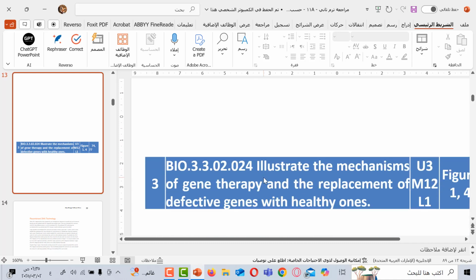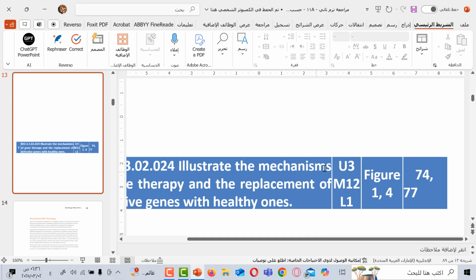Okay. Let's see another page. This is question number 3. Question number 3, we mentioned it before in the first page. It's connected with pages 74 and 77. Let us see the first. It's the same, so I put it here again.